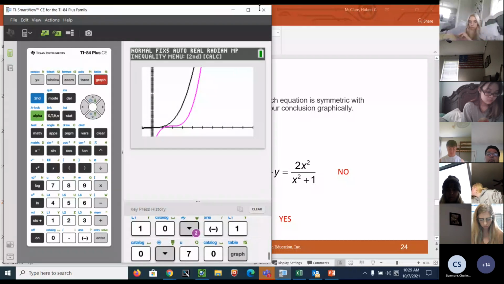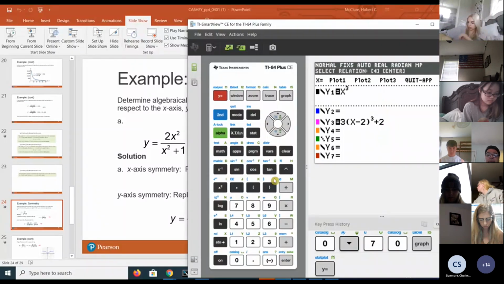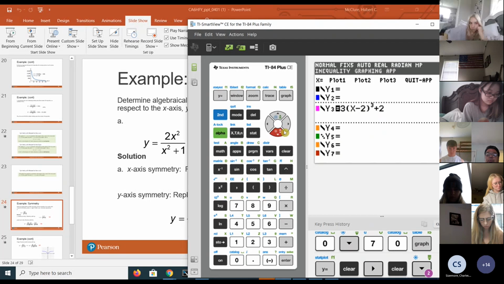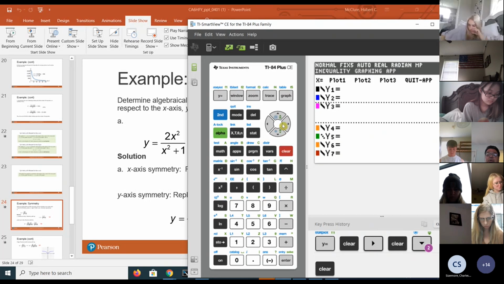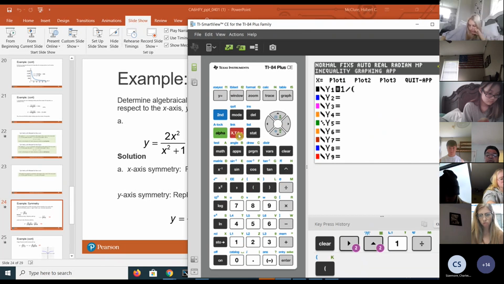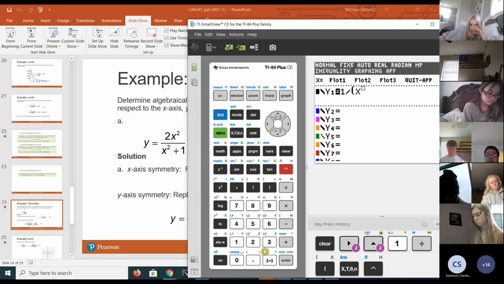So I'm going to graph y equals, and I'm going to clear this one. And I'm going to clear this one. And just for giggles, I'm going to put 1 over x squared for the black graph: 1 divided by parentheses x squared, close parentheses.